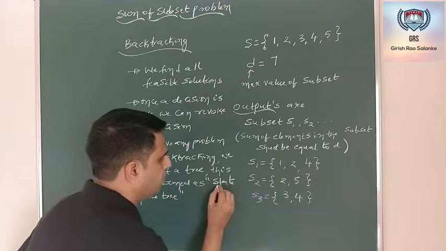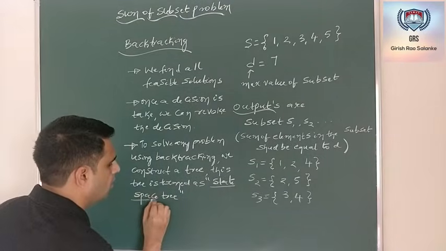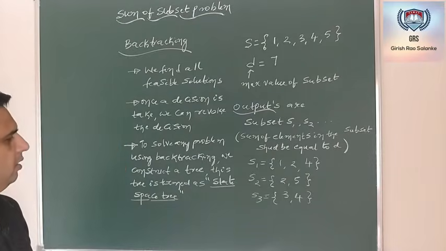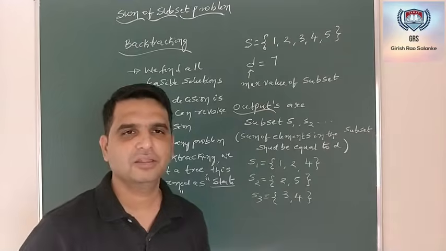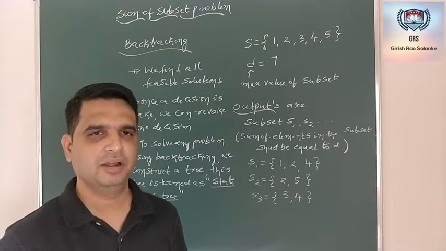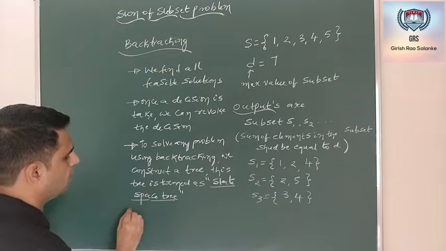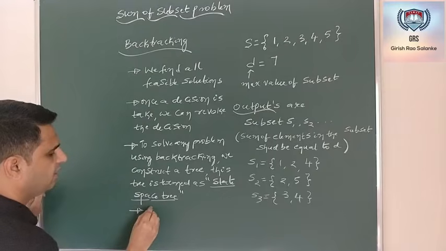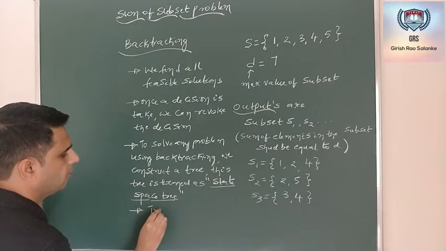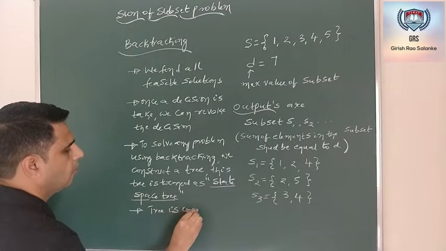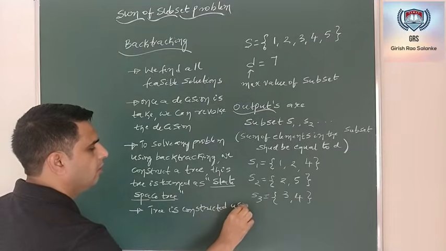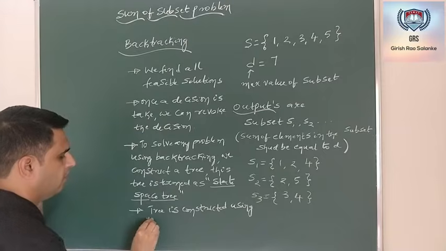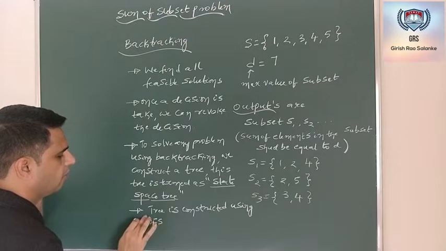Please note this important point. The tree that we construct in backtracking is called the state space tree, and this tree is constructed using DFS traversal.